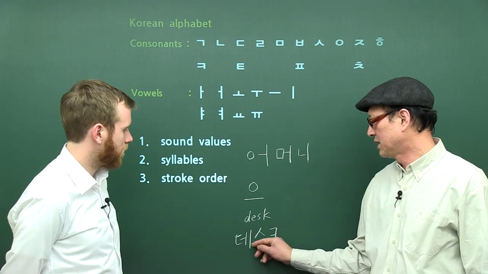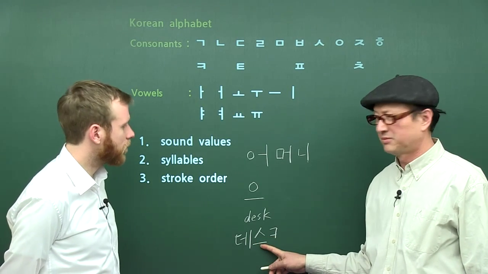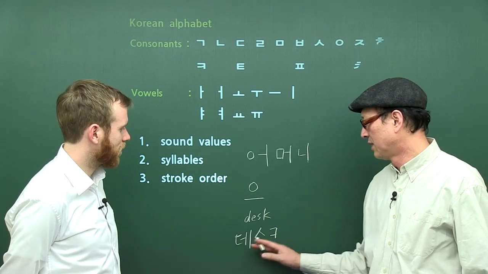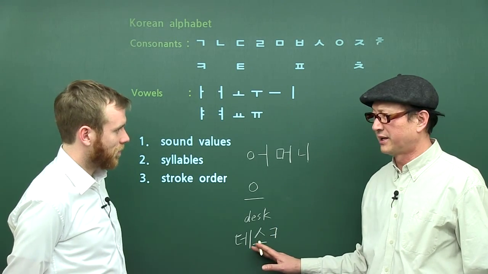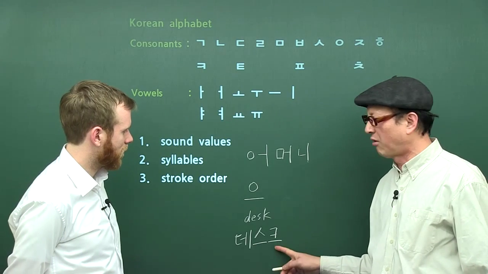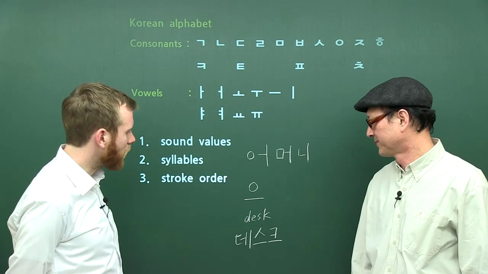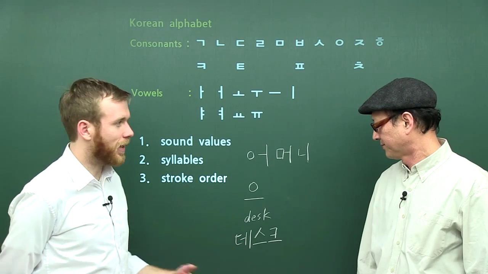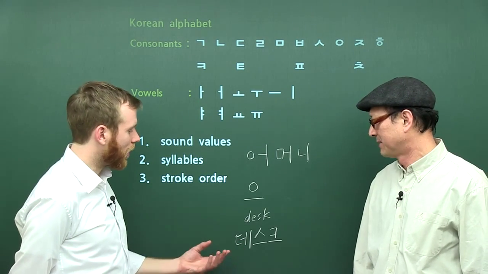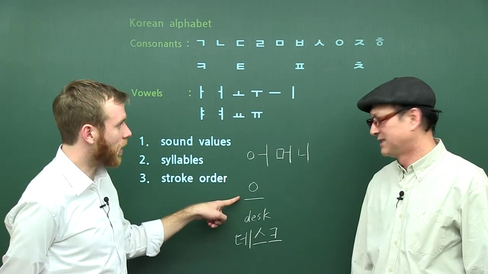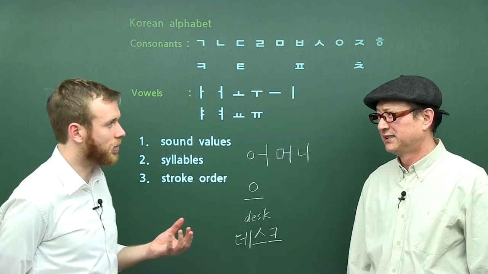Then it's completely a syllable. Right. So now we can say it, 데스크. So you'll see as you learn more Korean vocabulary, a lot of the Konglish words end up using this sound to add syllables.